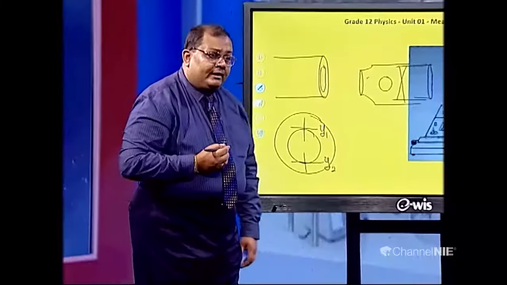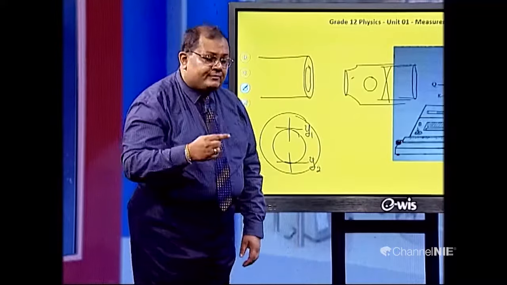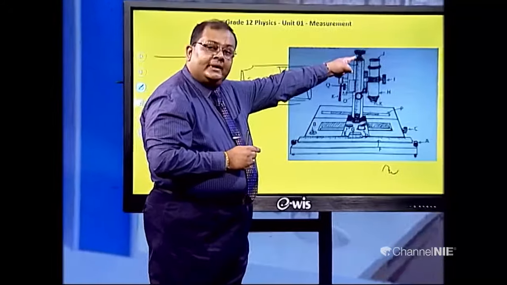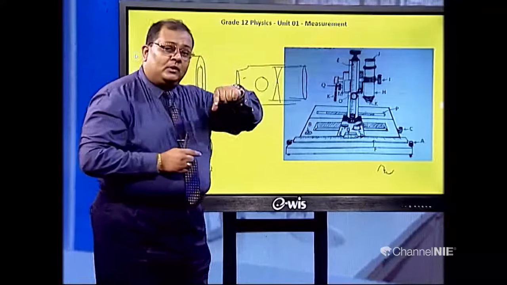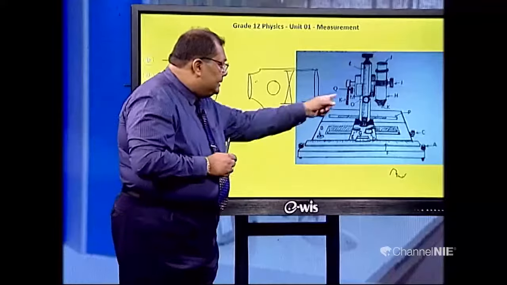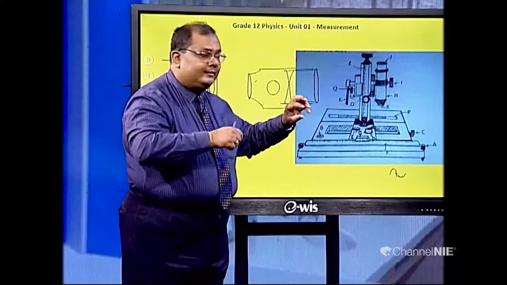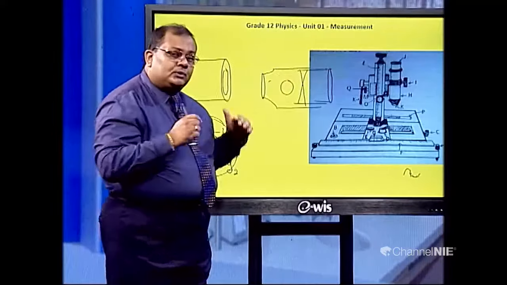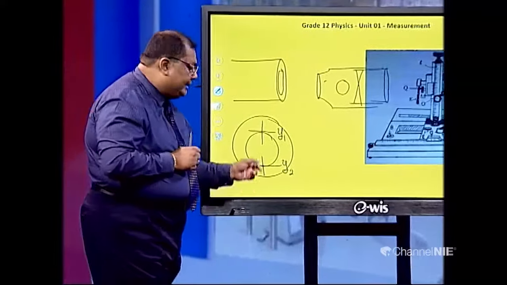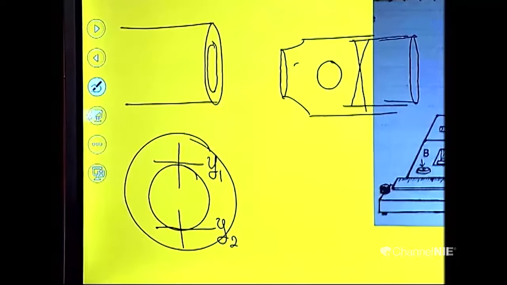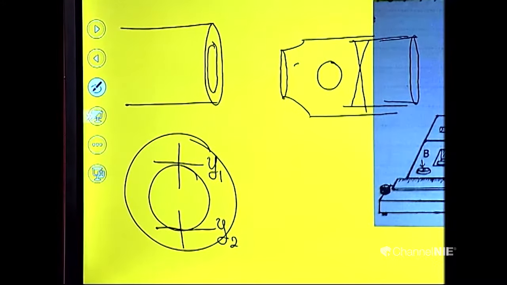Then when you are taking vertical readings, what you have to do? You have to rotate this fine adjusting screw, the vertical one. Before rotating that one, you must be mindful, this screw should be tightened, otherwise this will not work. Then we took two readings vertically, Y1 and Y2. Now you can measure the vertical internal diameter of the tube.